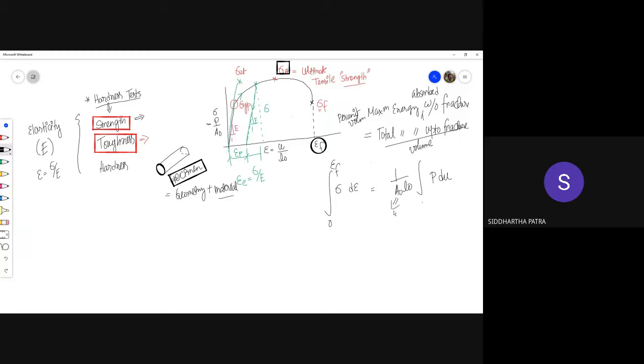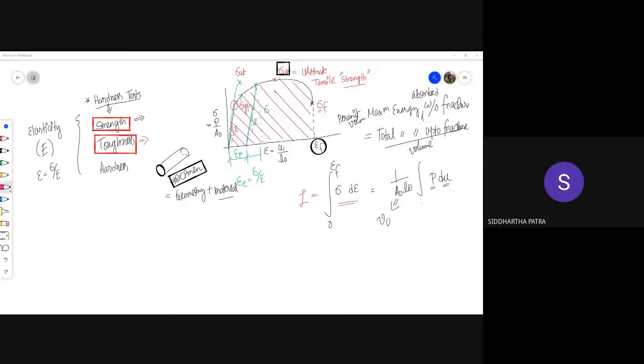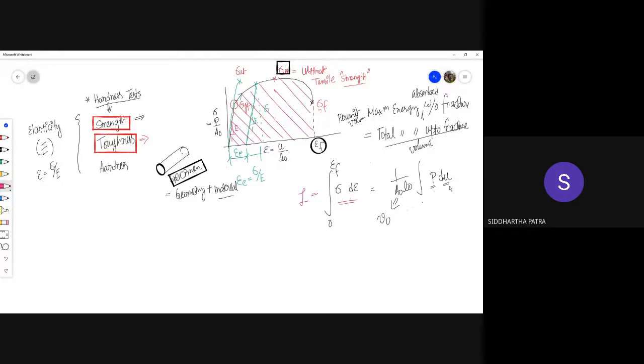So this is the original volume V0, and this is force, and this is the differential displacement that I'm integrating. So basically, if I integrate this quantity, or if I give you the area under the stress strain diagram up to the point of fracture, this whole thing right here, that area is this integration, and that integration is per unit volume, which is work done on the specimen.